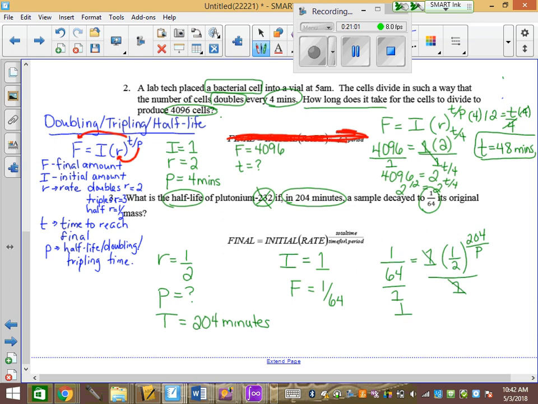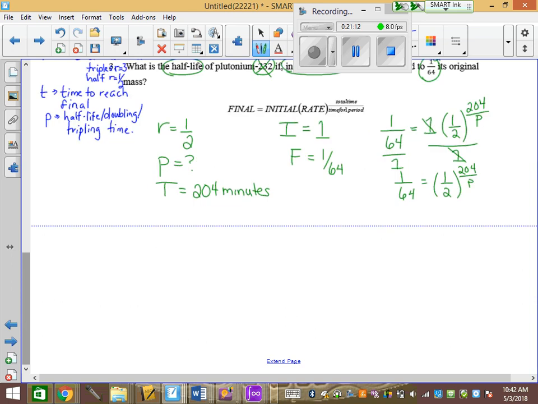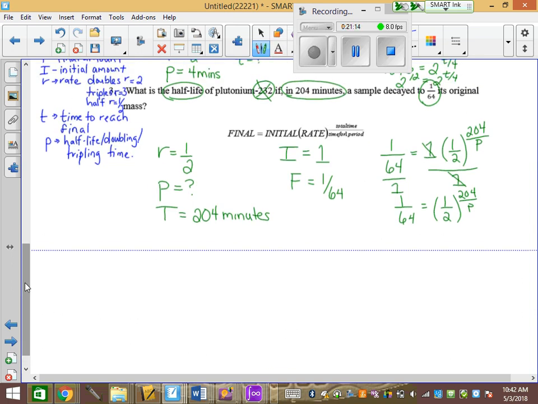And I get 1/64 equals a half to the 204 over P. And I can actually make these a common base. Make them both base 2.